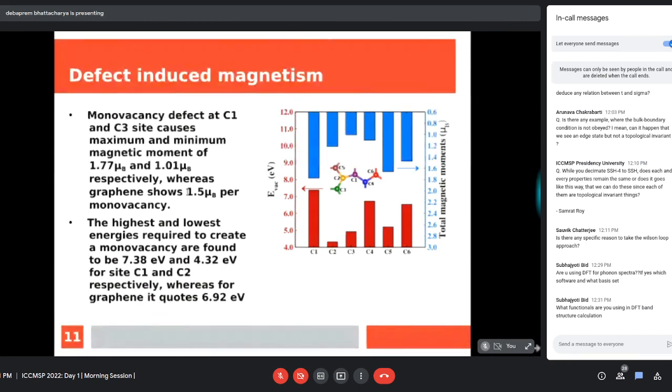This value for graphene is around 1.5 Bohr magneton per monovacancy. The highest and lowest vacancy formation energy is seen in the C1 and C2 sites, which is 7.38 electron volt and 4.32 electron volt respectively. And this for graphene is of the order of 6.92 electron volt.